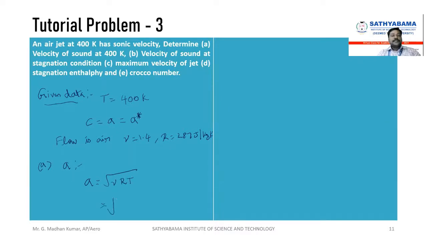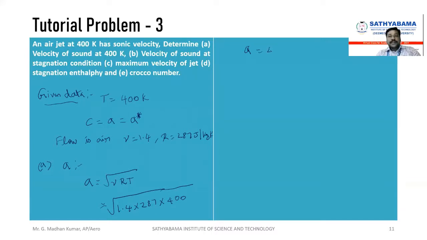and square root of gamma is 1.4, R is 287, and then T. So T is 400. What is the value of T now? Yeah, it was 401.24 or 400.8.